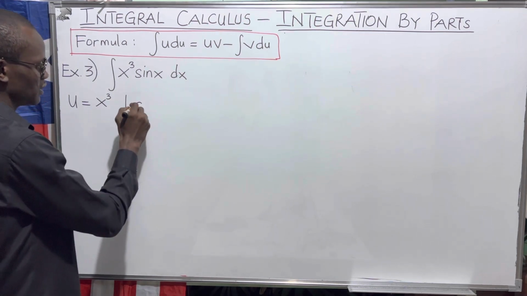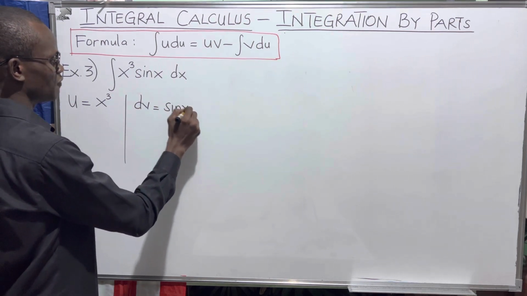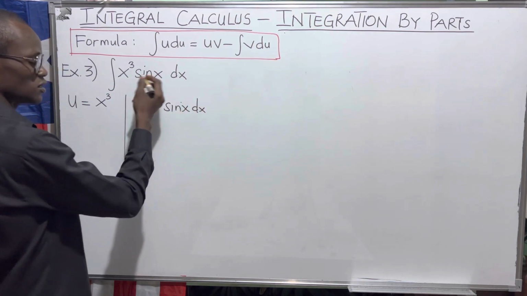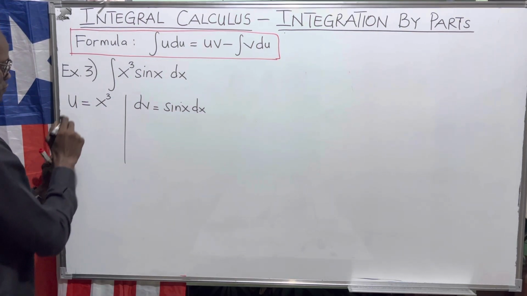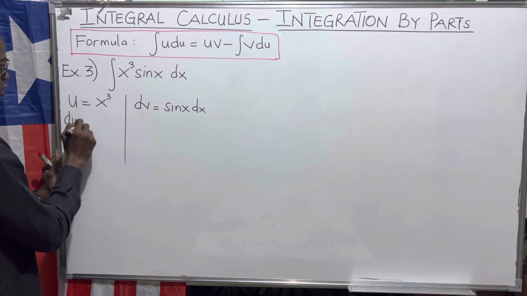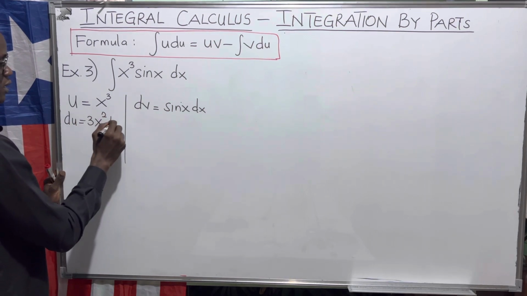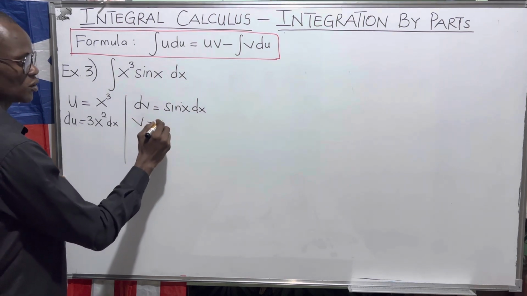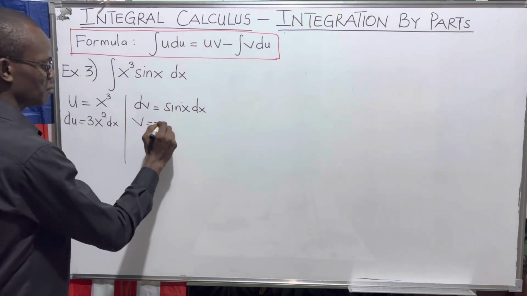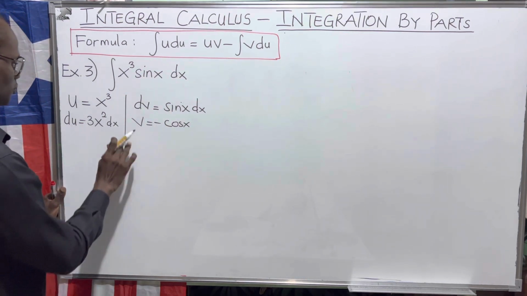And then you allow your dv, which is the portion you're going to integrate, to be sine of x dx. If this was cos of x, it would have been cos of x dx. So now we have du equal to 3x squared dx. And then v, if we integrate, we get minus cos of x. So we are not differentiating, we are integrating.